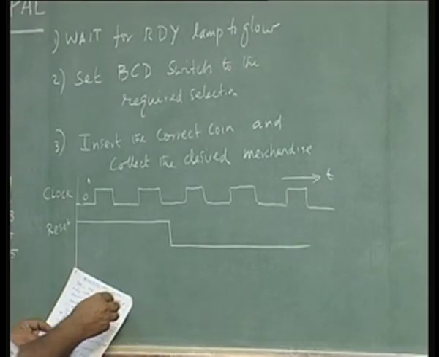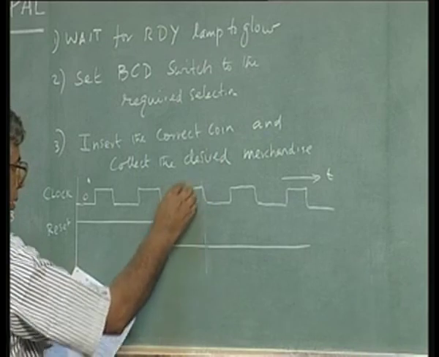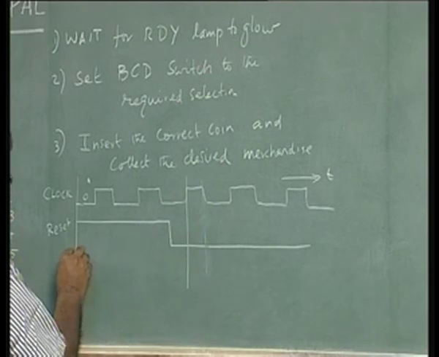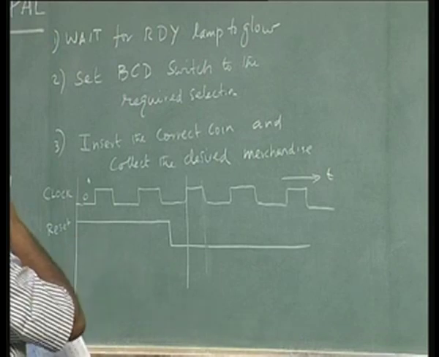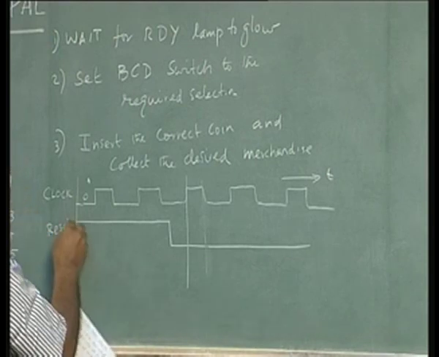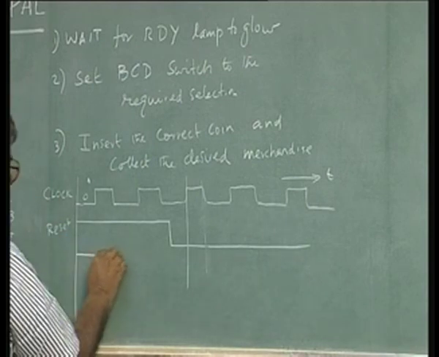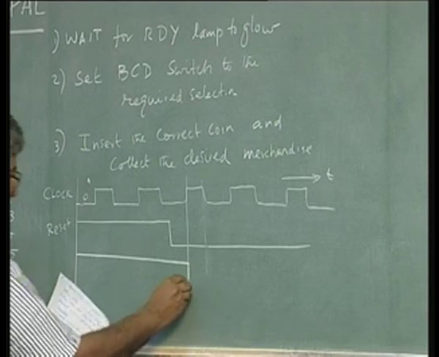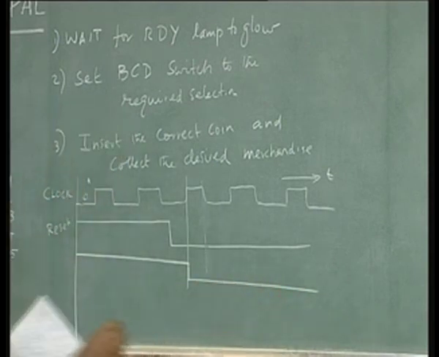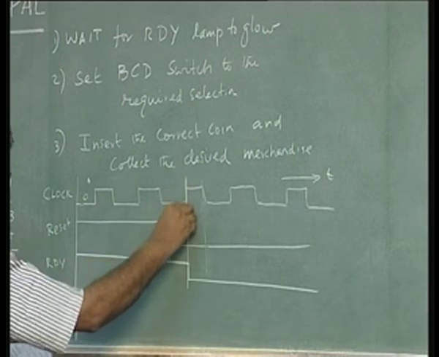And at the next clock edge, the ready will go. This will be my ready signal. We can have a ready signal as an active low signal, that is all right. This can happen only at this point.